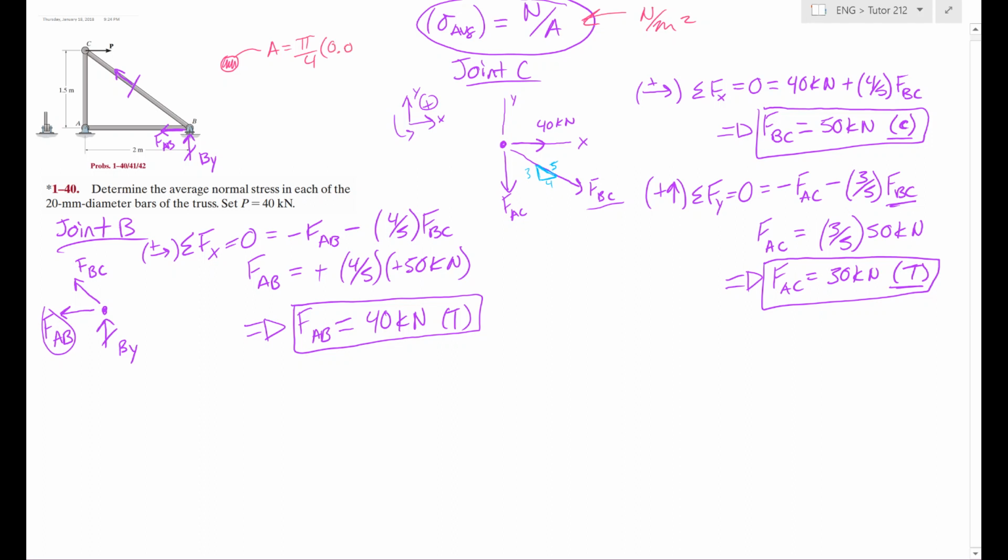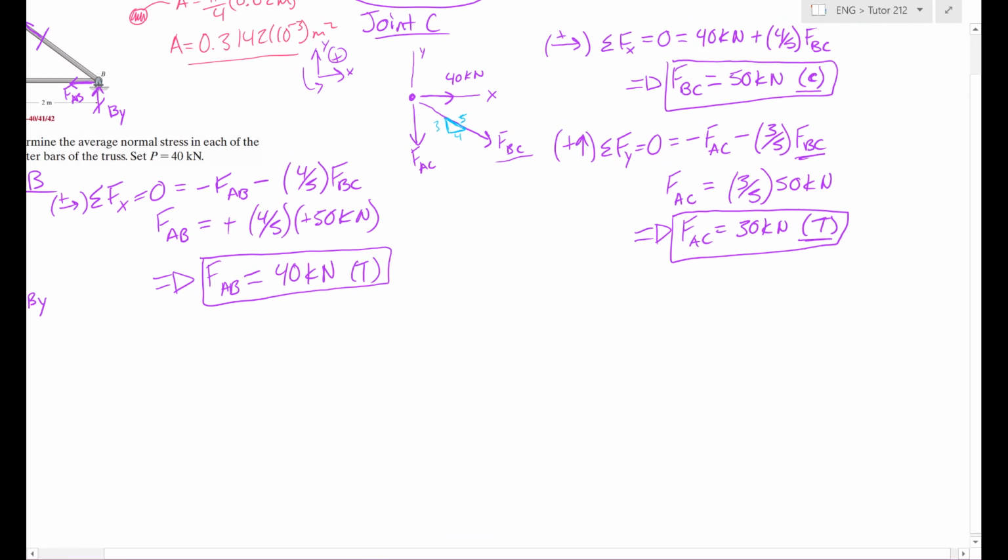All right, so 0.02 meters squared. Get the area is equal to 3.142 times 10 to the negative third meters squared.